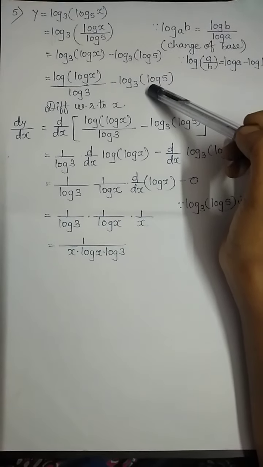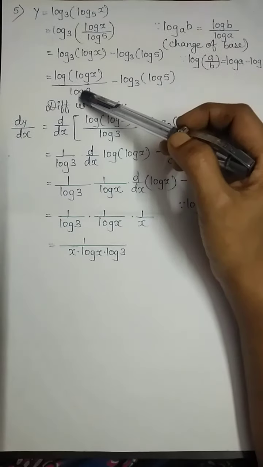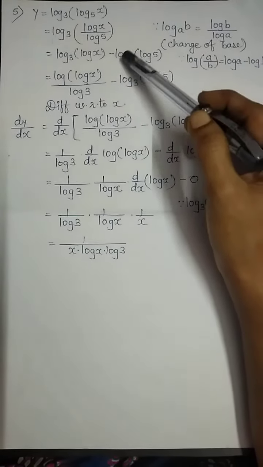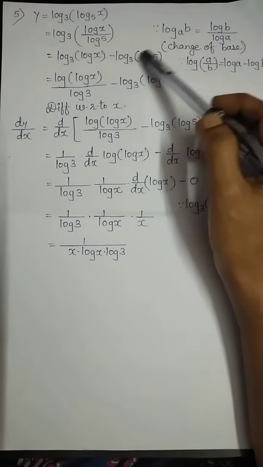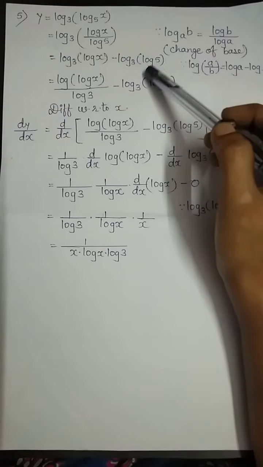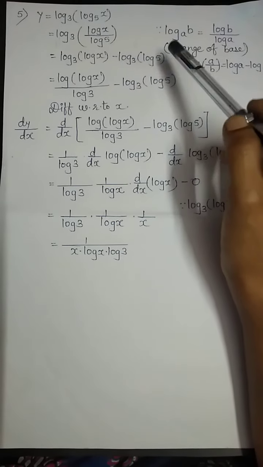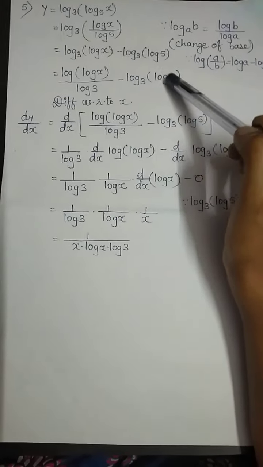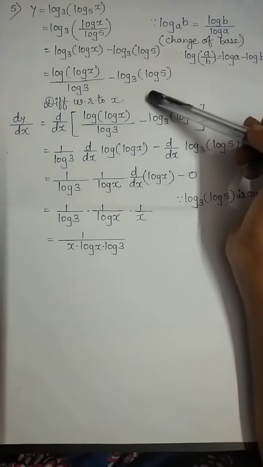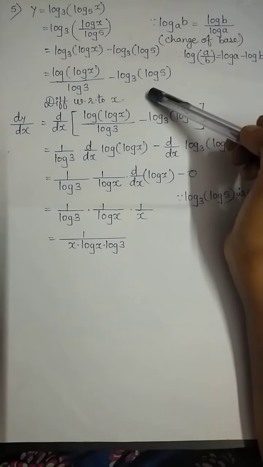Now you can ask the question that if here we are applying change of base formula, then why not here? Because here no x term is present. Log 3, log 5, all terms are constant. No x term is present. So finally we will get derivative of this term as 0. So no need to convert by using change of base.